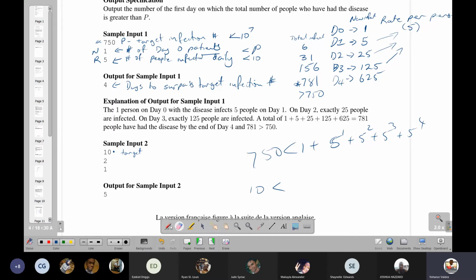So 10 is less than the 0 value, which is 2, plus 2 to the power of 1, but every day it's 2 to the power of 1 in this instance. So you would have to figure out the way to differentiate this accumulation here versus this accumulation here.